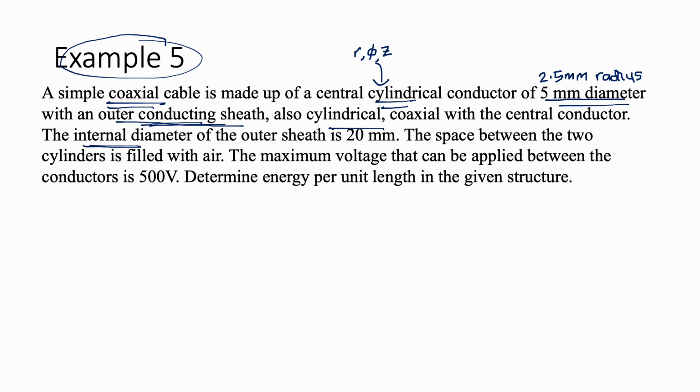The internal diameter of the outer sheath is 20 mm, so it is 10 mm in radius. The space between the two cylinders is filled with air, meaning that it is epsilon naught. The voltage applied between the two conductors is given as 500 volts. We need to determine the energy per unit length, meaning W over L, in the given structure.